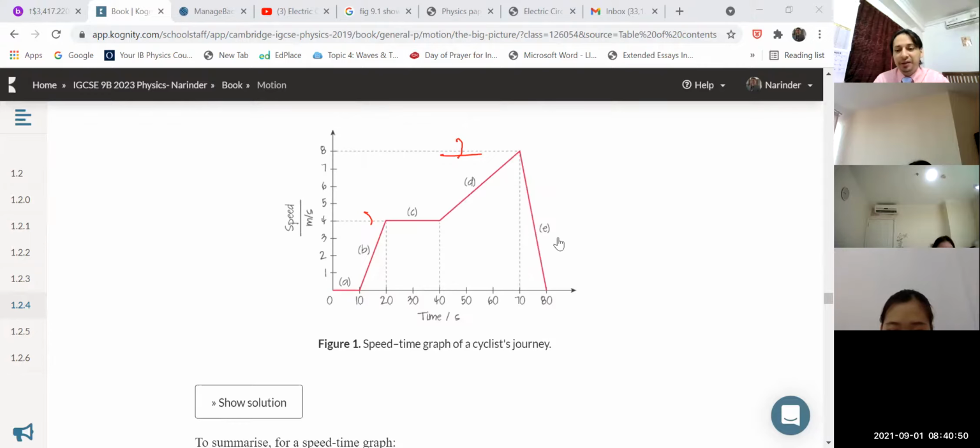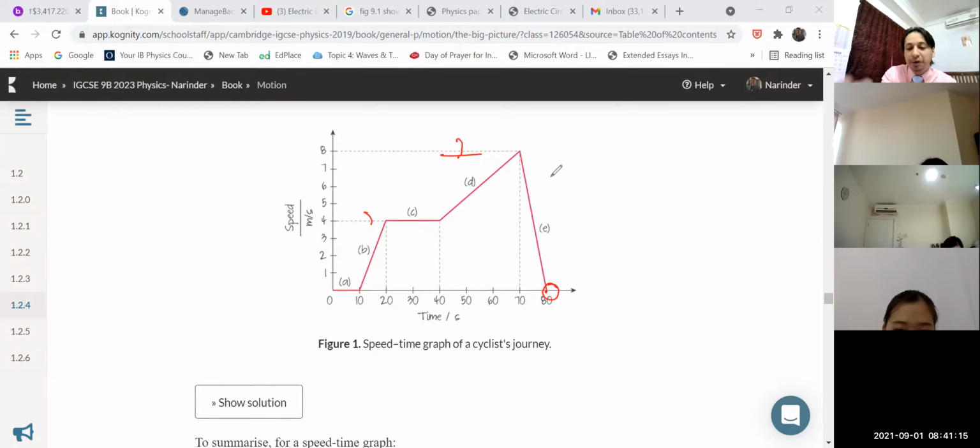What about the last line, children? Take graph number E. In this section of graph E, you find the line is sloping downward, and it means acceleration is there. The driver has applied a brake, and finally the object comes to rest. Object velocity reached 0 when the time is 80 seconds.